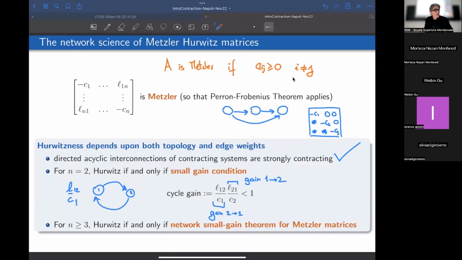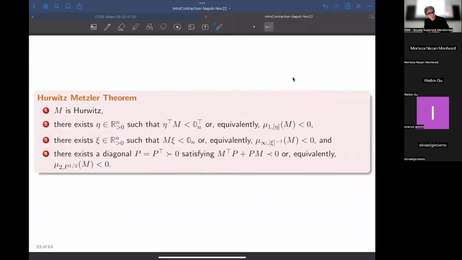Now, in general, for a large-scale system with many cycles, if it has no cycle, the answer is trivial. You need to work harder. So now, what is stated here is a shortened version of only some of the equivalences that hold for Metzler matrices. Given a Metzler matrix M, the following 4 statements are equivalent.